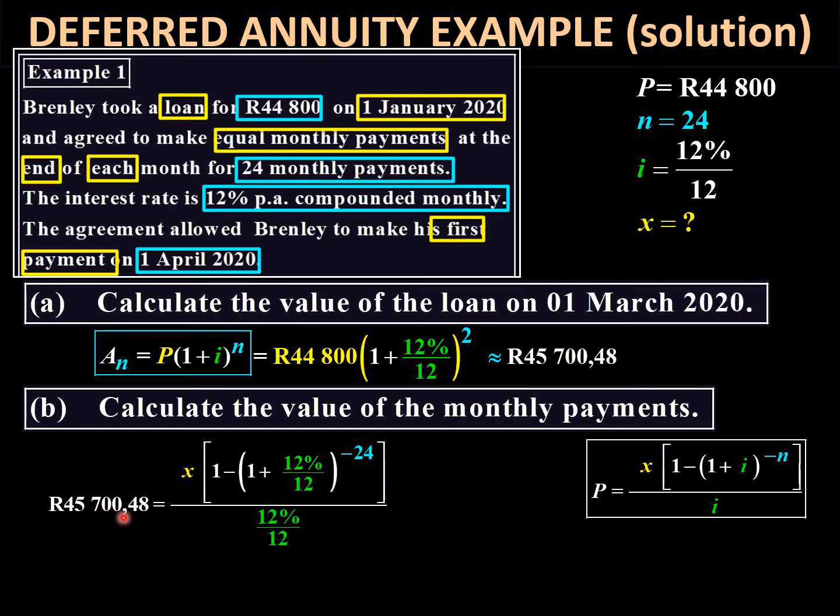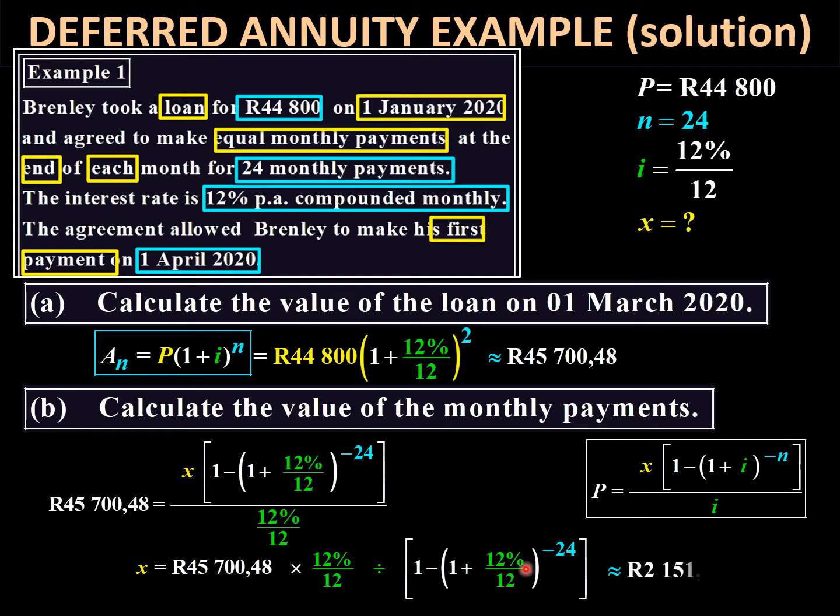The 45,748 will have to be multiplied by that, and then we divide by this factor. Just be careful with your calculations, and that's the monthly payment. Because of the deferred payment, the monthly payment is now 2,151 Rand and 28 cents. So that 44,800 is not the same there, because there has been some compound growth that took place.